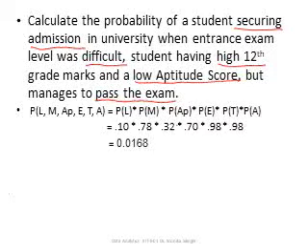So exam level is high, 0.10. Then 12th grade marks were also high, so it has a value in the table, 0.78, multiplied by low aptitude score, 0.32 is the probability, multiplied by the entrance exam probability, because he could pass the exam, so this value is 0.70 in the table, multiplied by 0.98 because he could secure the admission, that means he got that range of marks, with the given condition that the exam level was high and the aptitude score was low, and multiplied by 0.98 because he could secure the admission in the university.